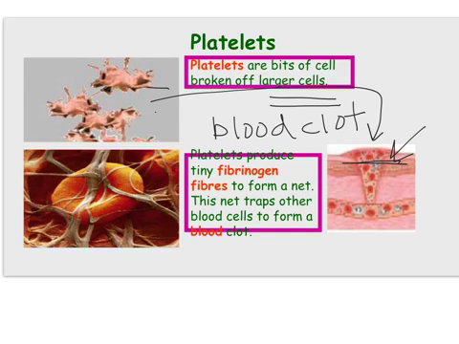And those platelets start a chemical cascade that produces this stuff called fibrinogen, and it turns into these fibrin fibers, and that helps to form a blood clot. And we can see the fibrin fibers right here. It looks kind of like a web, like a netting, and we'll talk more in depth about that blood clotting process in just a minute.